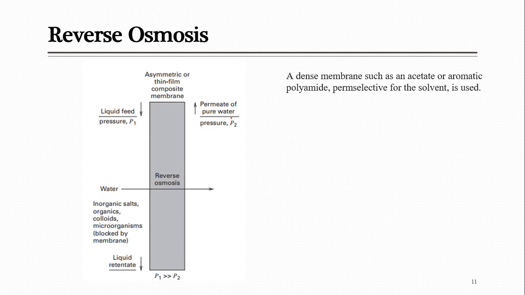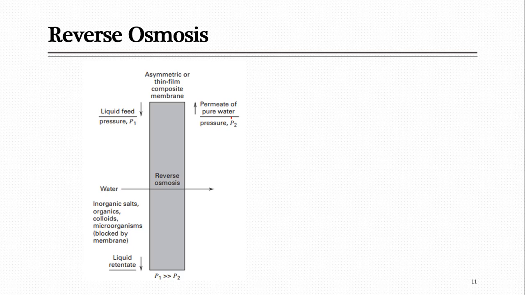And then we said that most of the reverse osmosis membranes are asymmetric membranes. Why? Because you have very high pressure on both sides of the membrane. For this phenomenon you need a dense membrane, but a dense membrane would be like one very thin sheet that can't support very high pressure on both ends. So in order to avoid rupturing of the membrane, we make it an asymmetric membrane.